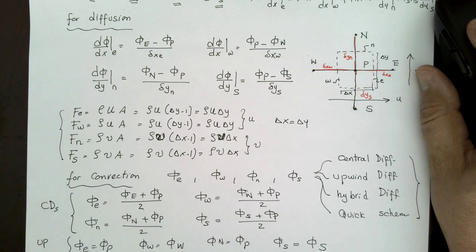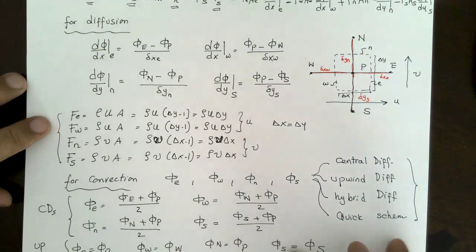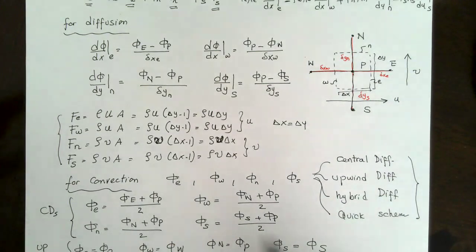And we're going to practice an example using different convection schemes in that two-dimensional problem so you can get practice for it. So let's stick to the central differencing scheme here and see how the equation looks if we substitute.